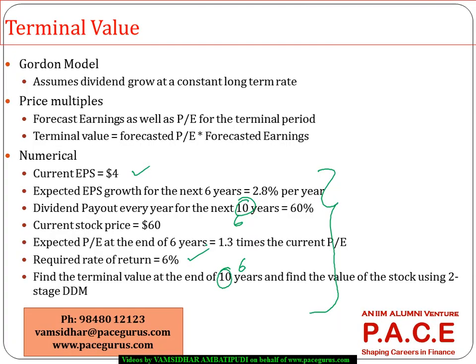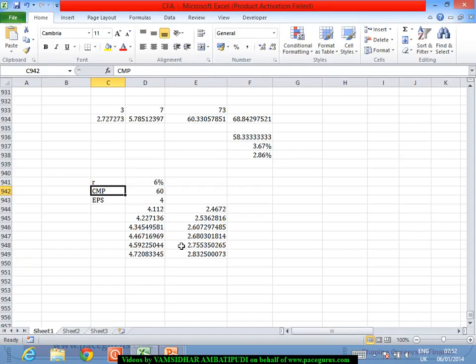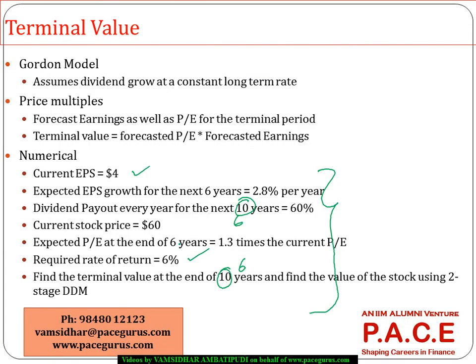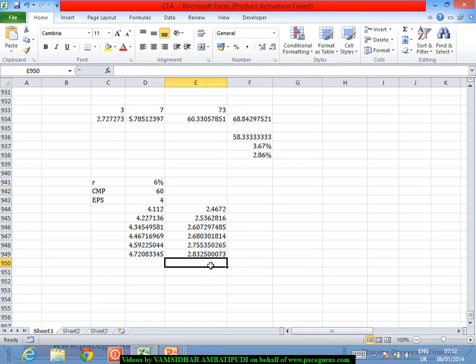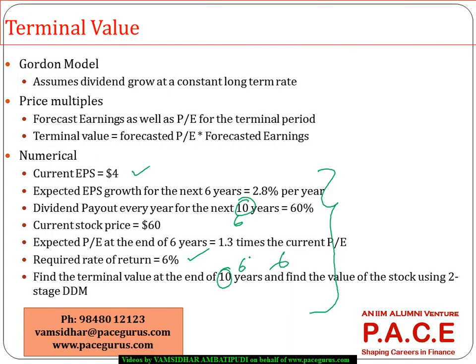Now, from the end of the 6th year onwards, I need to find out at what rate the company is going to grow. Here I also need the information that after 6 years, the company is going to grow at a constant rate of dividend.